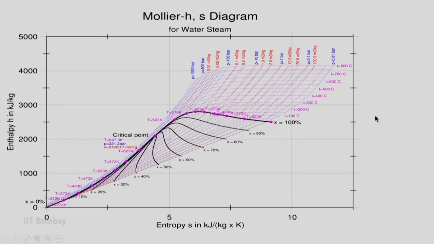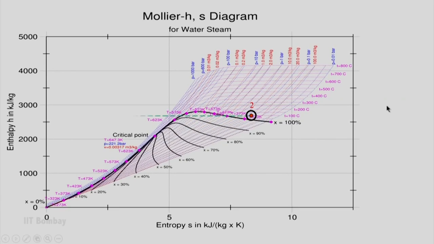So, this is my state 2 and therefore I can locate that state 2 over here. I know that the process from state 1 to state 2 is an isenthalpic process, and the y axis being the enthalpy axis, I can just draw a horizontal line passing through this point 2, and on this line somewhere the point 1 would lie. That is what I know.